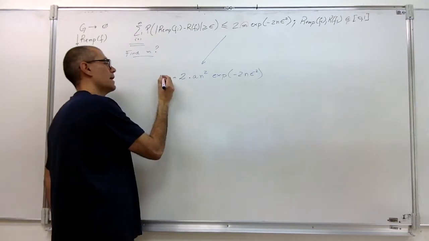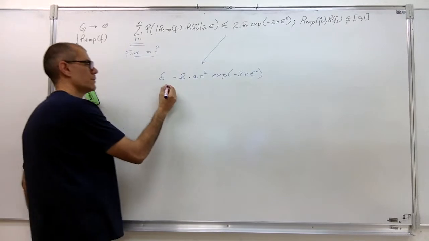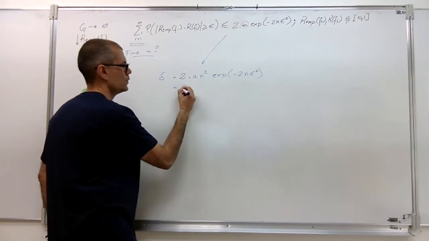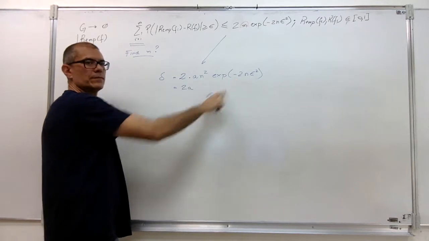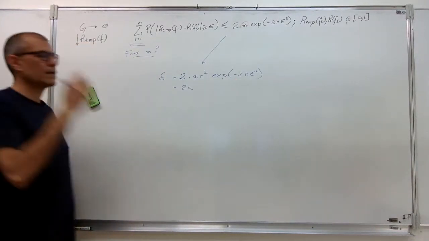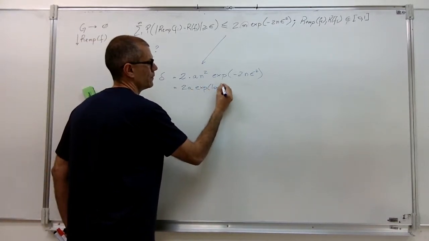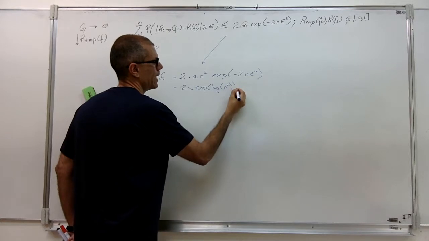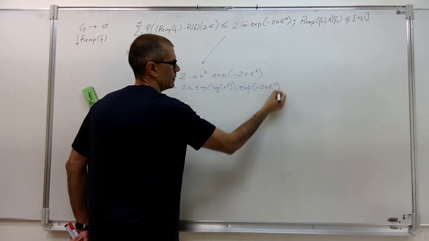If I call this guy delta, for example, and I solve it, I have this result, right? Take a look. 2a. I can plug this guy inside the exponential, by using exponential and log, right? I could have an exponential of a log function of n to the square times the exponential of this guy.